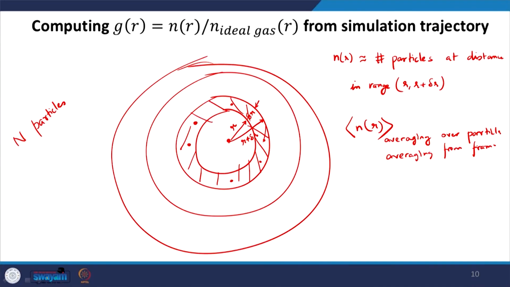Now, once we have done that, then we can also compute the number of molecules in the case of the ideal gas, and that can be easily done.